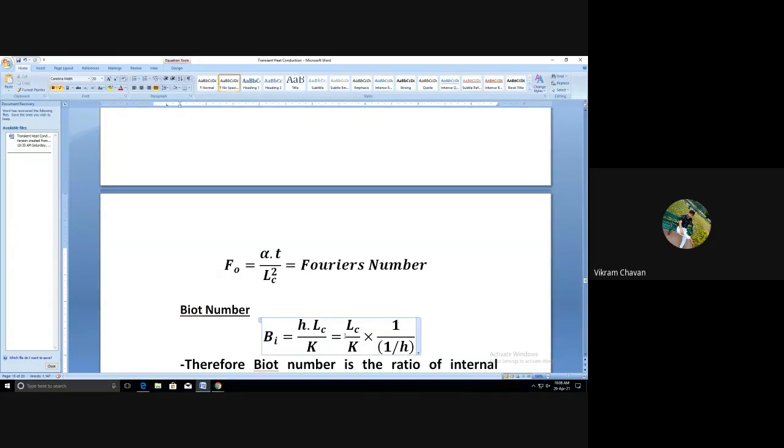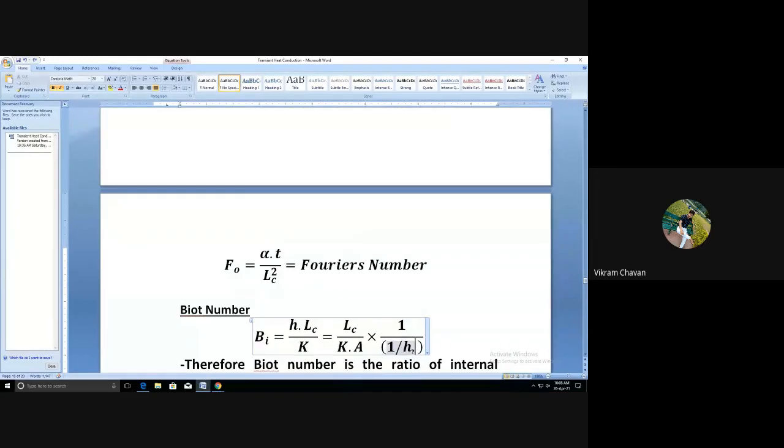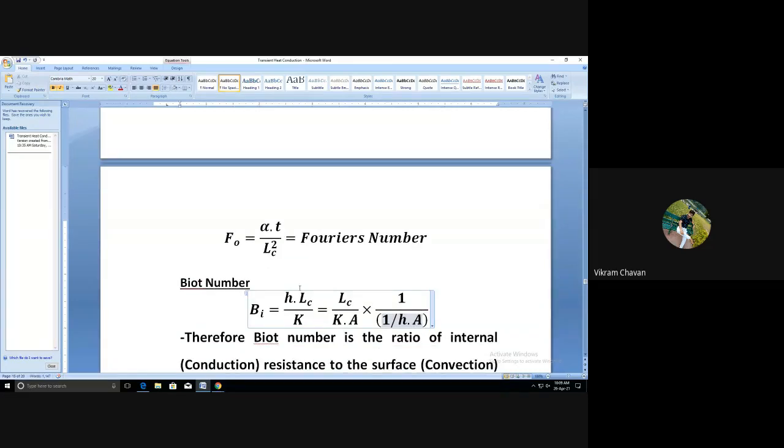We know that for any object the internal resistance can be written as L divided by k multiplied by area, and the surface resistance is written as one upon h multiplied by A. So the Biot number is the ratio of internal resistance to the surface resistance.